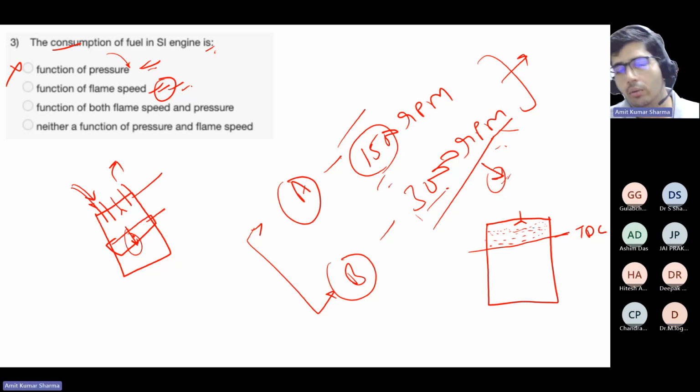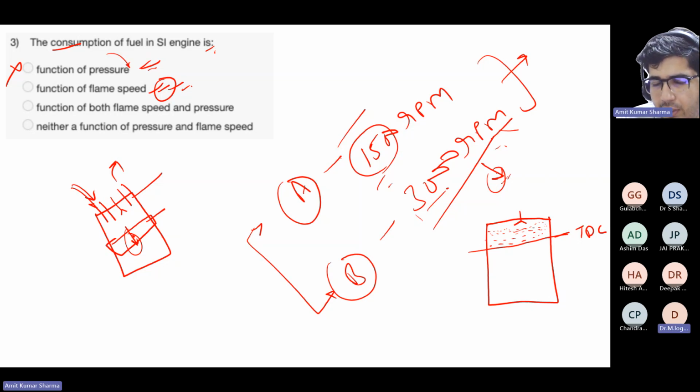Yes, the exhaust port will open because it is already pressurized, so this suction will start. The burned combustion products will go out, because inside is high pressure and outside is low pressure, so they will go out.